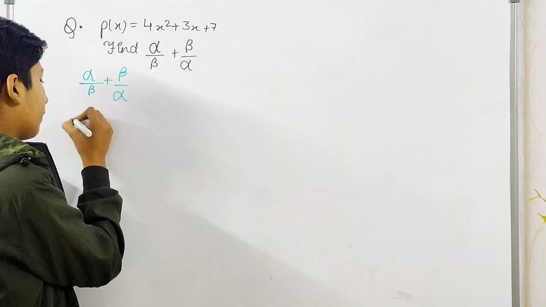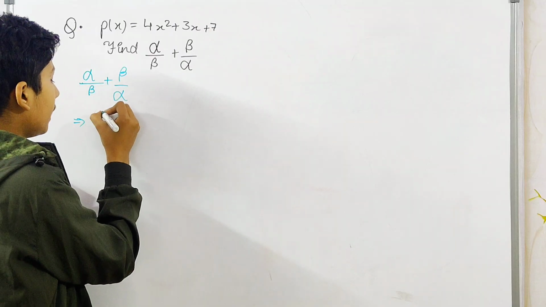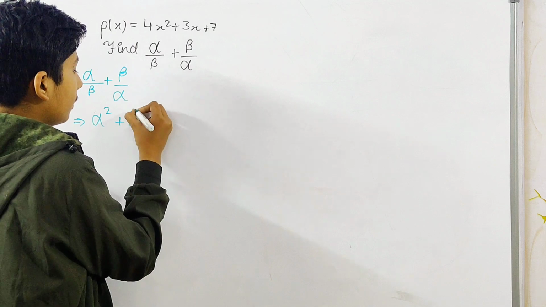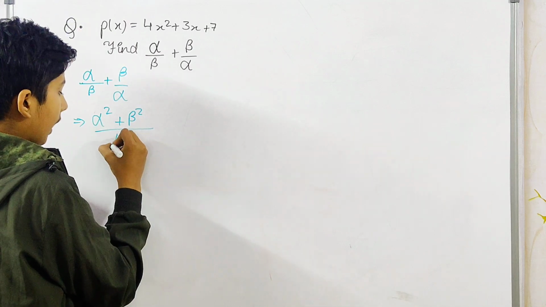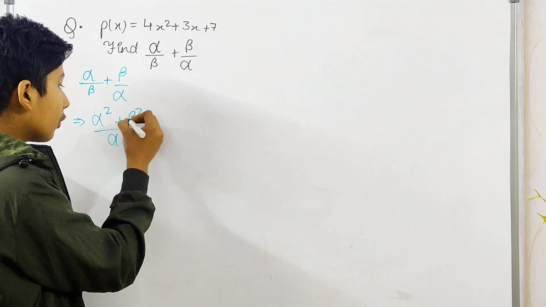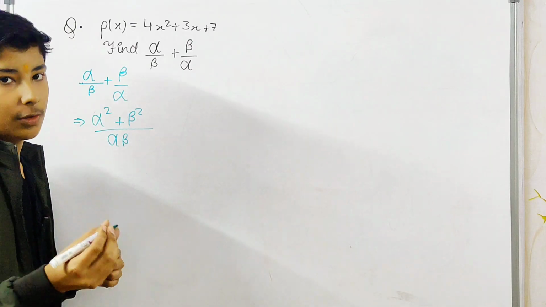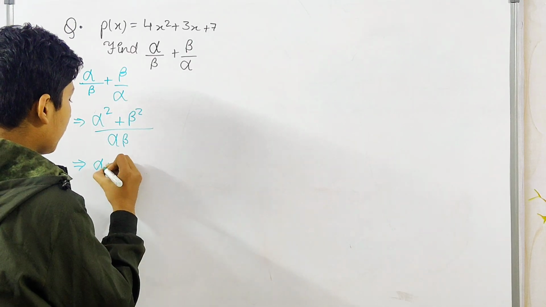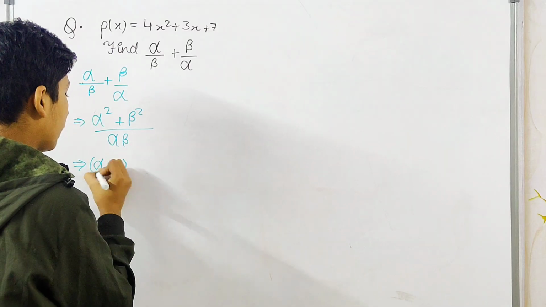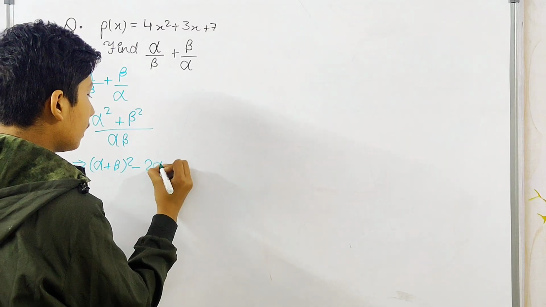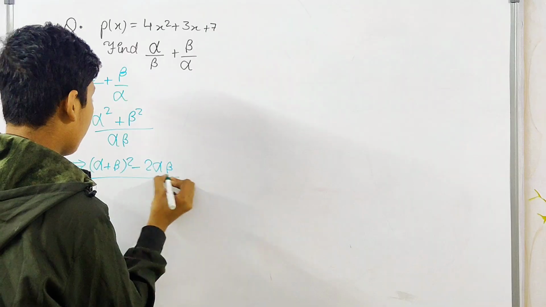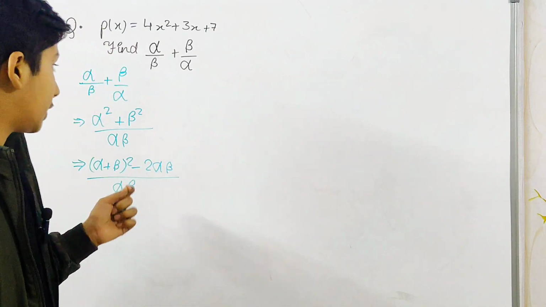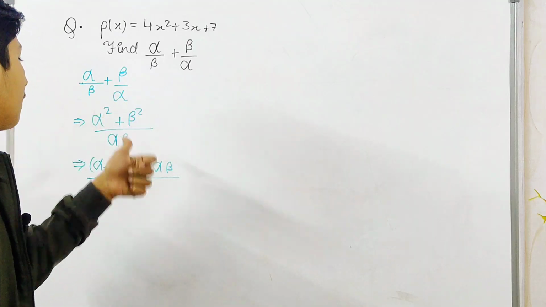So if you take LCM, it would be alpha into alpha means alpha square plus beta into beta means beta square upon alpha into beta. So alpha square plus beta square, we already know it is alpha plus beta whole square minus 2 alpha beta divided by alpha beta.